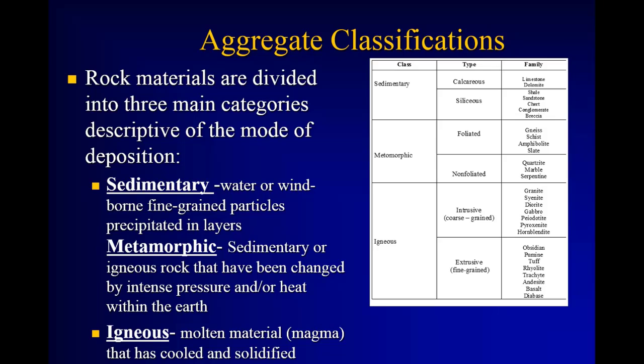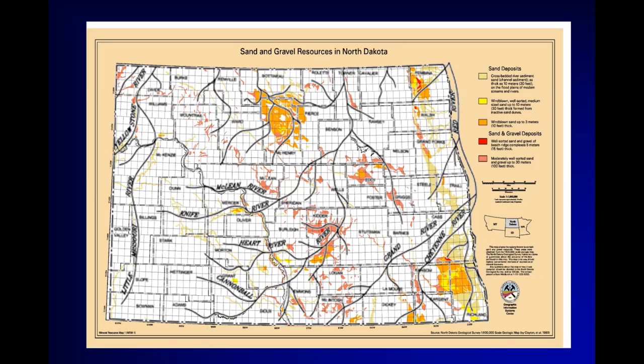Basically, if you break it down, Mother Nature gave us the aggregate to work with, and she gave it to us in 3 different ways: sedimentary, metamorphic, or igneous. You can read the descriptions, but a lot of times what you find in sand and gravel pits is a mixture of some of these, depending on the geology and the history of the area.